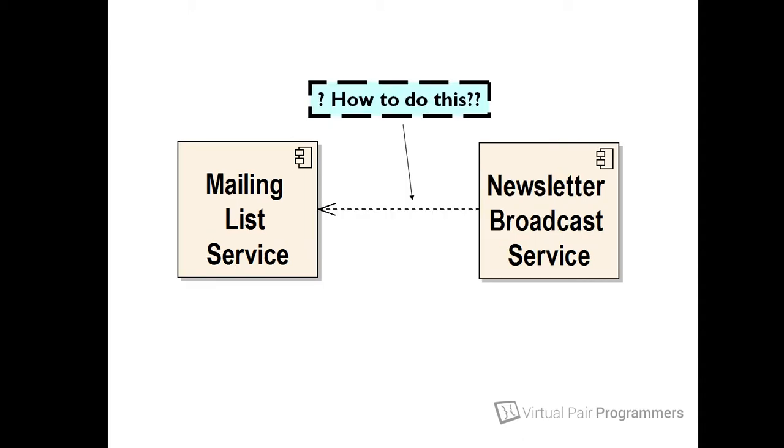Of course, somehow these two microservices are going to have to collaborate with each other. The newsletter service needs to know which emails to send to. We'll be talking more about that later, but that's a great example where it's really easy to accidentally combine two separate business areas, email and list management, when they should be separate.